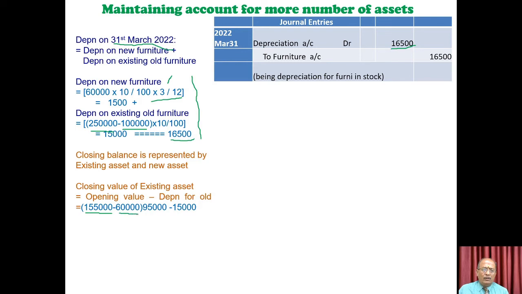How? That 60,000 was already disposed of. This is the opening value, this is the sold value.